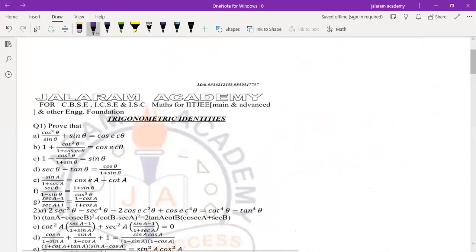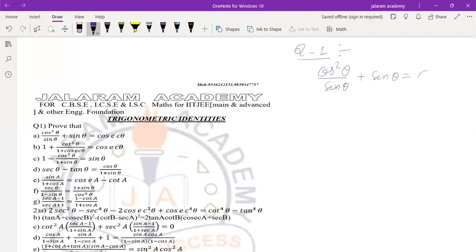Now, the first question of trigonometrical identities, which we have to prove, is cos square theta upon sin theta plus sin theta equals cosec theta. So always start the line by writing LHS, meaning left hand side, and write the left hand side as it is.